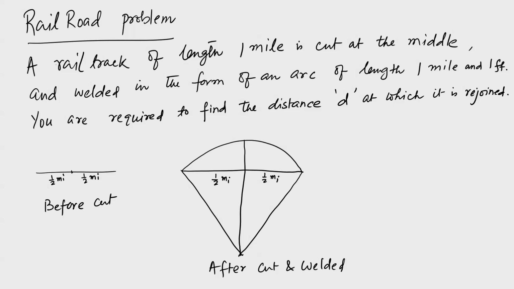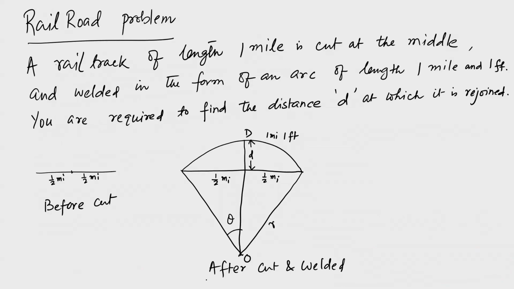Let us call this point O, and this point D. So, this distance is D, which one has to find: how far away from the track it has been joined. This arc has a length of 1 mile and 1 foot. Okay. And let this be r, let this angle be theta.